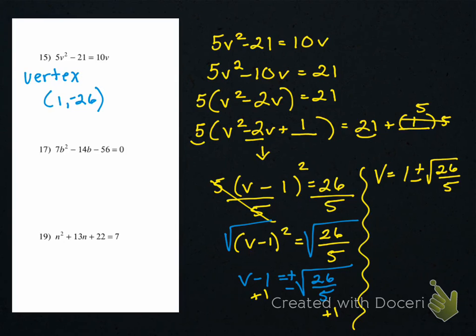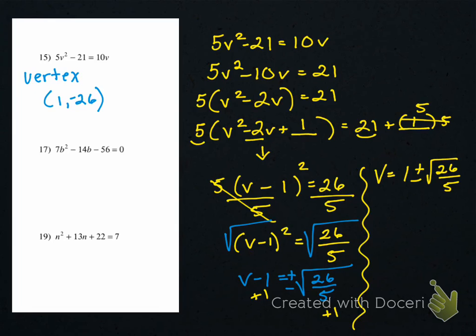Now I know that the square root of 26 over 5 is not rational, and so I'm really tempted to leave it in this irrational state. But I do want to go over to the side just in my calculator just to figure out what exactly the answer is. Exactly meaning after I round it, right? So if I did the 26 divided by 5, what's 26 divided by 5?